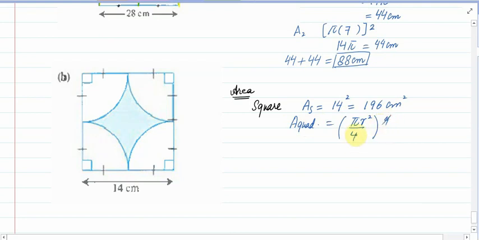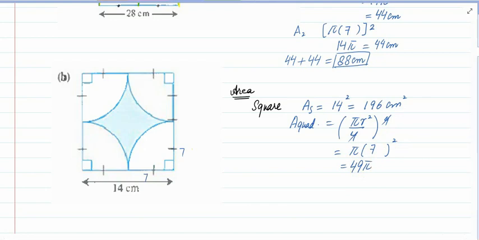So this 4 and this 4 cancel each other, so it's pi r square. And the radius is 7, right? So it's 49 pi, right? And if you multiply 49 with pi, it's 154.